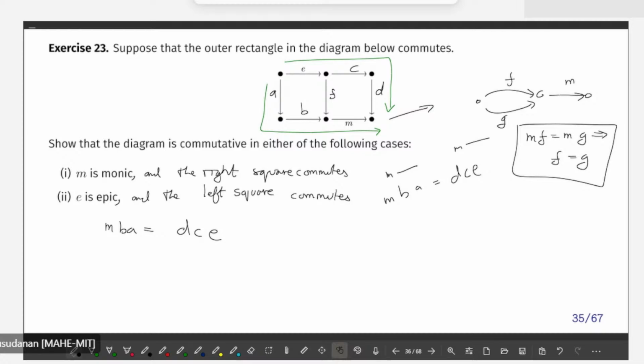Yes. Okay, so MBA is equal to DCE. That can be changed to MFE is equal to DCE only. This side doesn't change.